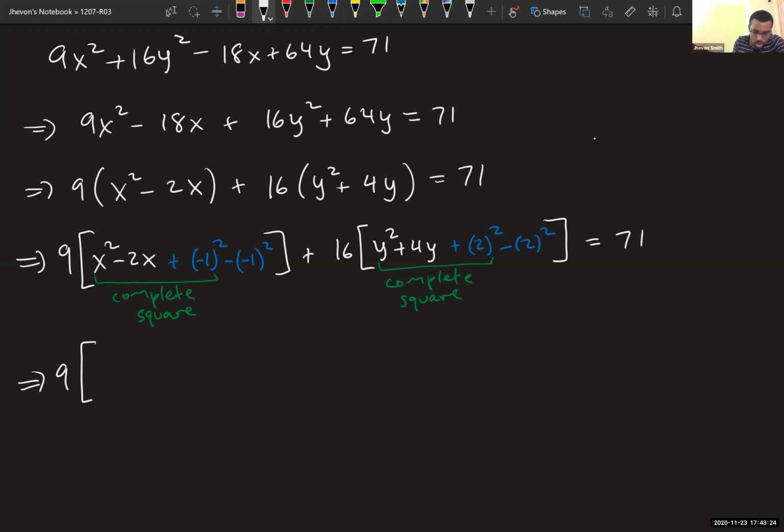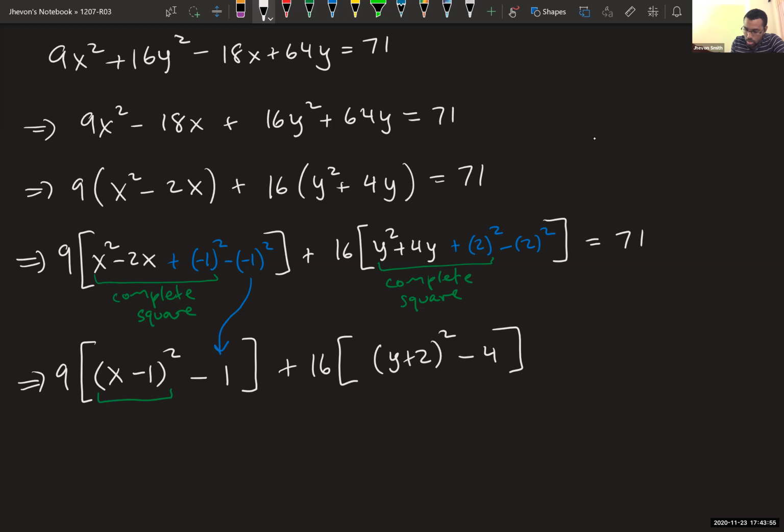Well, you're going to take x and the number inside the parentheses, in this case -1, and square it all. Of course, we're left over with a -1 squared on the outside. So this part here is the complete square. That's where the first 3 terms went. And then the -1 squared is the leftover here. Same thing is going to happen here. I'm going to get y + 2 all squared, -4.